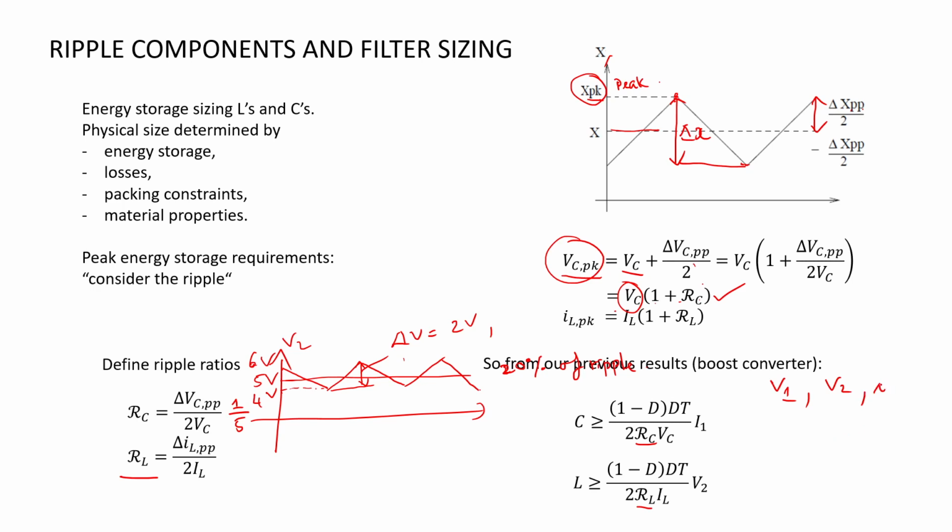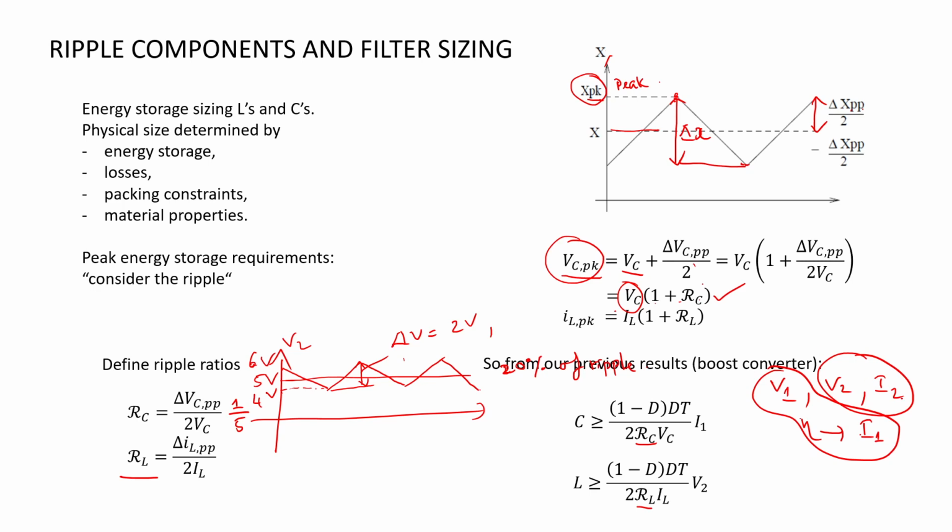So you need to know I2, how much current your load needs. Then you can make an assumption about the efficiency of the converter. You choose an efficiency of 85% or 90%, for example, and then you can calculate I1. So now you have V2, I2, V1, and I1 by making an assumption on efficiency.